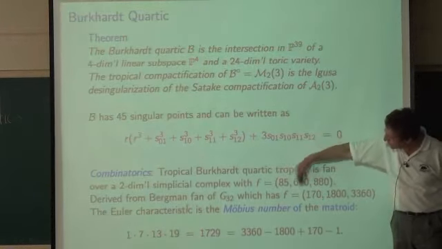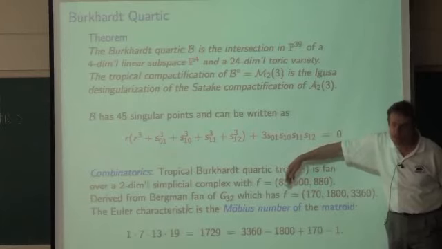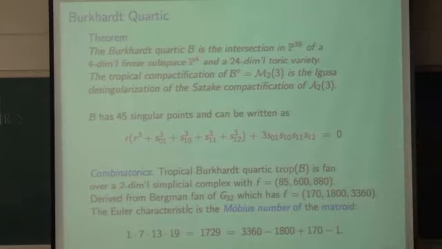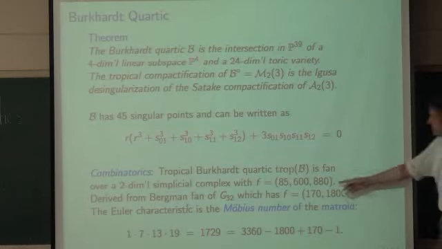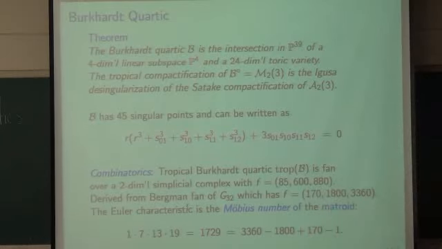So all of this combinatorics encodes the symplectic geometry on this vector space. The Bergman fan, the matroid, has 170, so there's a 2-to-1 cover, this many triangles on the matroid fan.